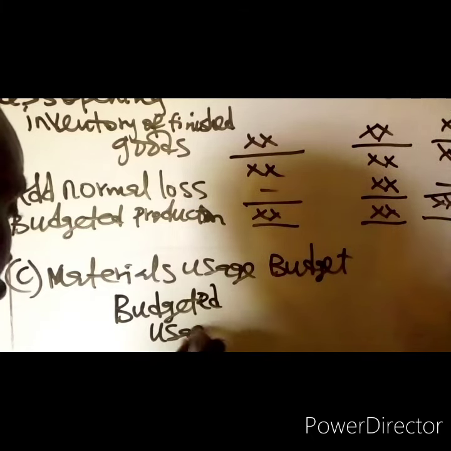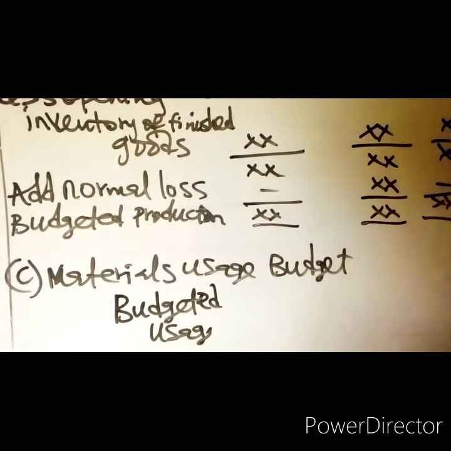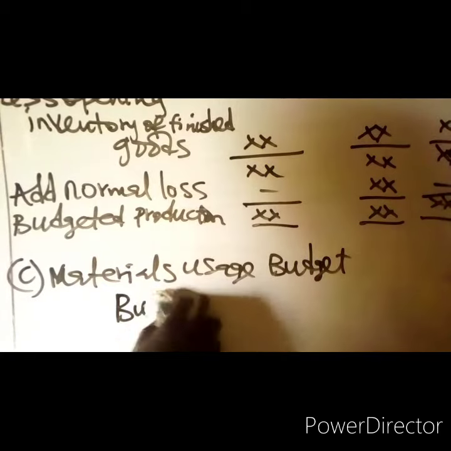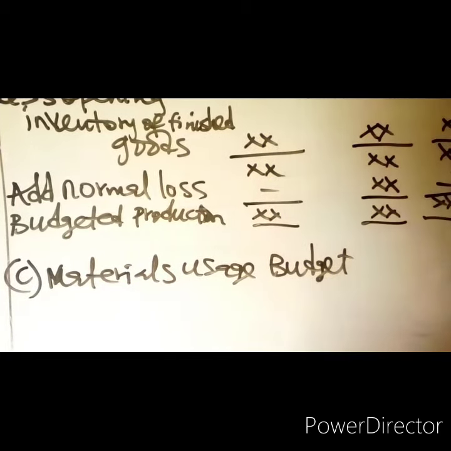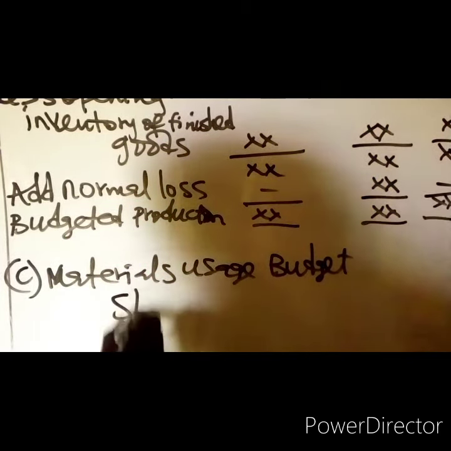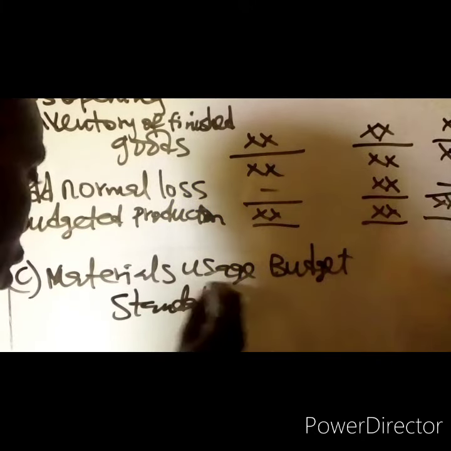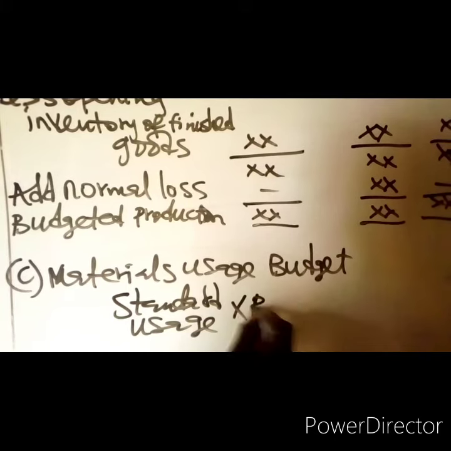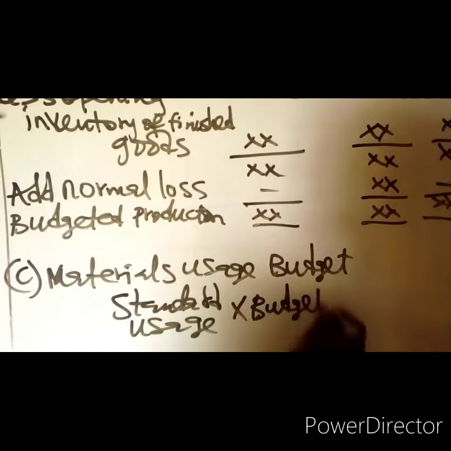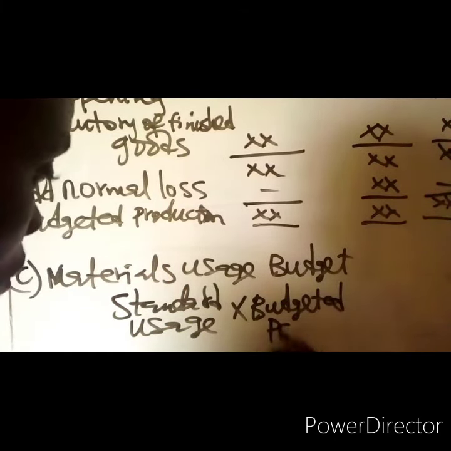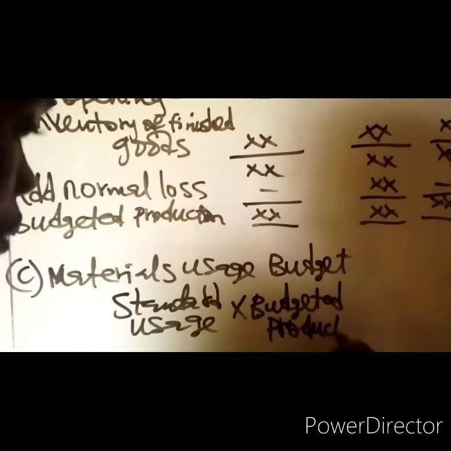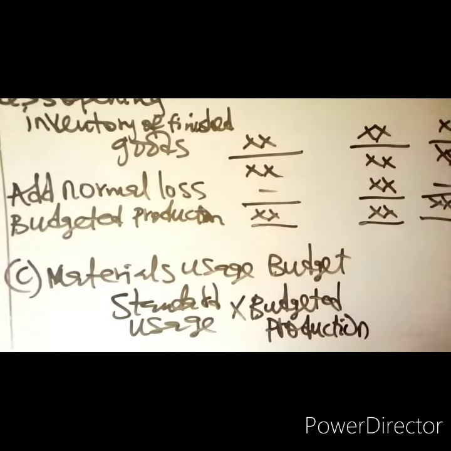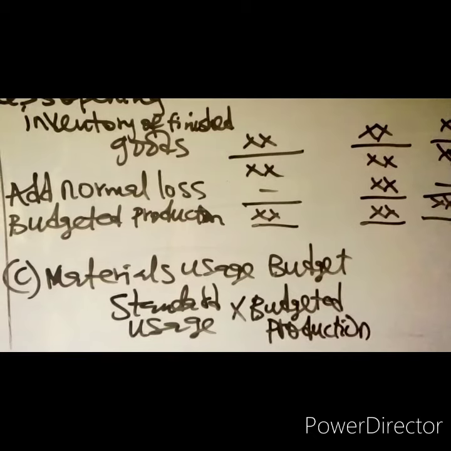You'll be given the standard usage, multiplied by the budgeted production.